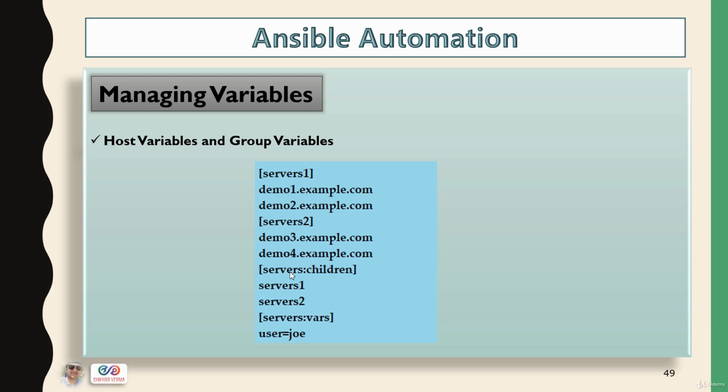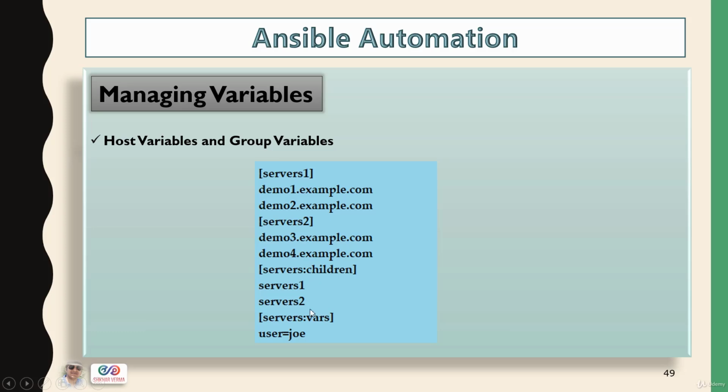Under this group I want to define my other groups, servers1 and servers2. If you want to define both groups in a new group, you have to use servers, a colon, and children, and then servers1 and servers2. So if we try to see which servers are under this group, servers, we have four servers: demo1, demo2, demo3 and demo4.